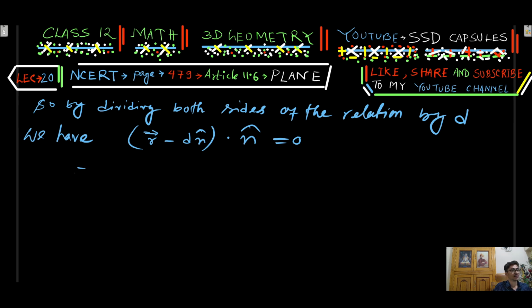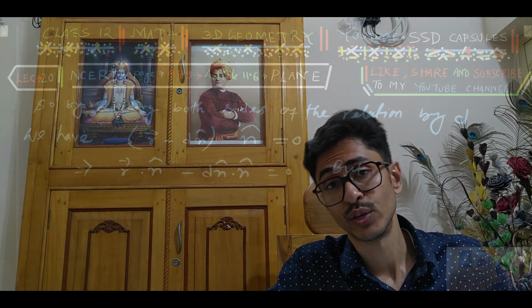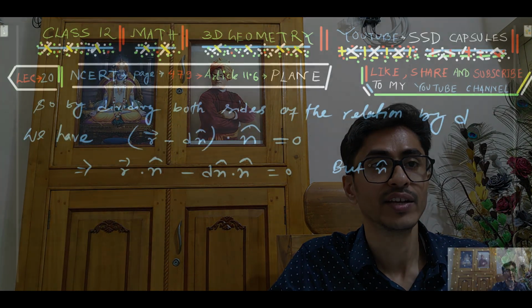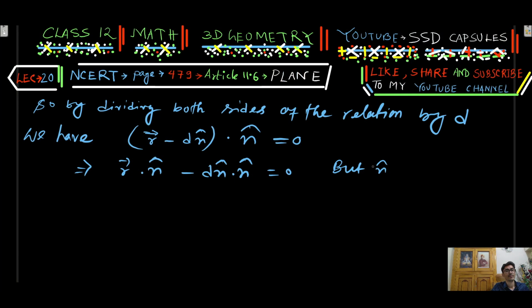So from here r vector dot n cap minus d n cap dot n cap equal to 0. But as n cap is a unit vector normal to the plane, n cap magnitude equal to 1 as it is a unit vector. So this implies r vector dot n cap equal to d.